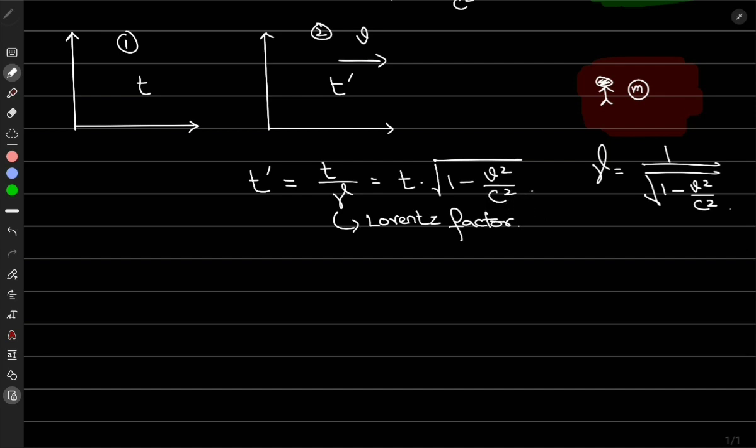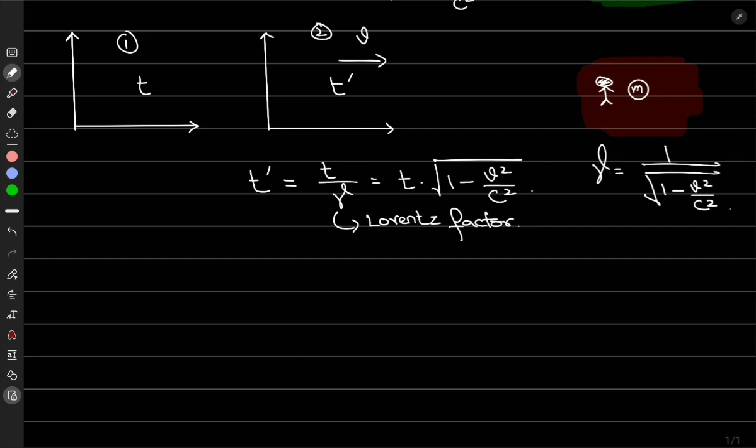Right, now to derive these equations, we'll start with the postulate that the laws of physics are the same in all inertial reference frames, right? So if your frame of reference is inertial, then the laws of physics are the same in all of those frames.